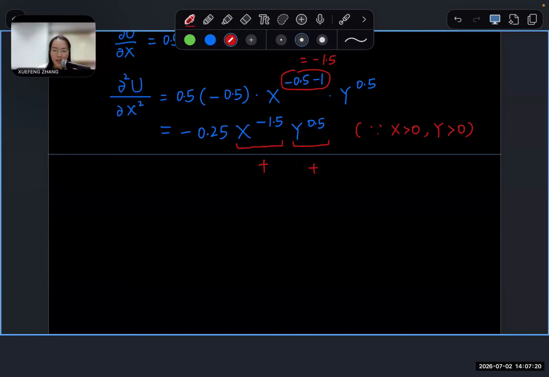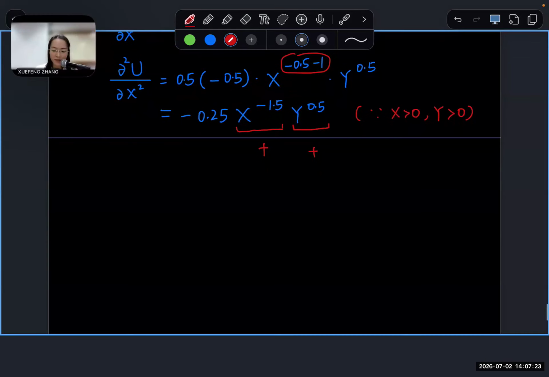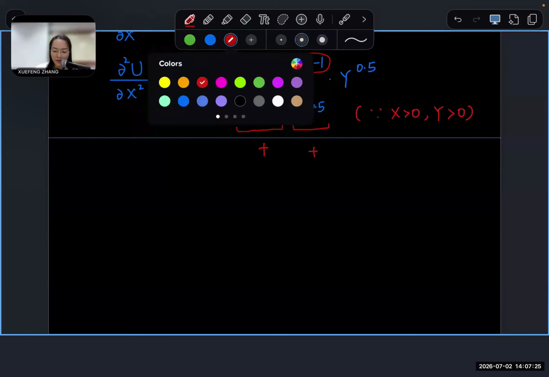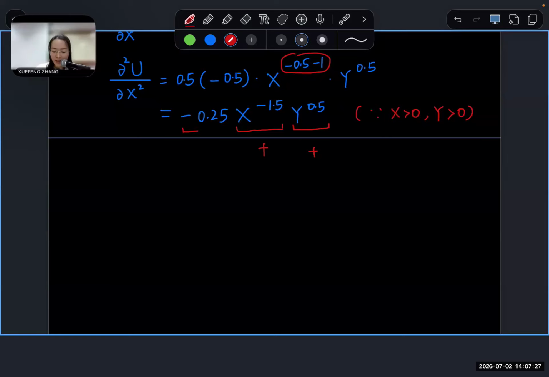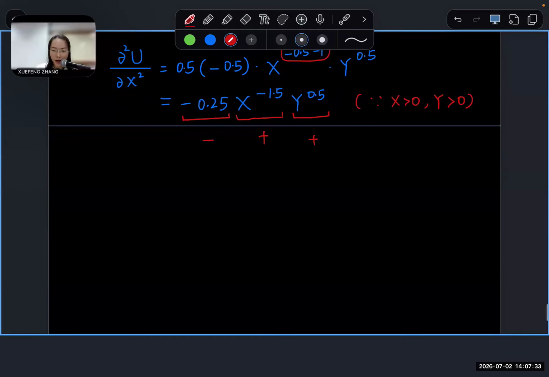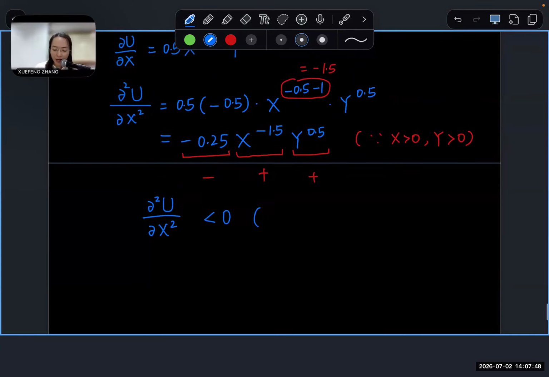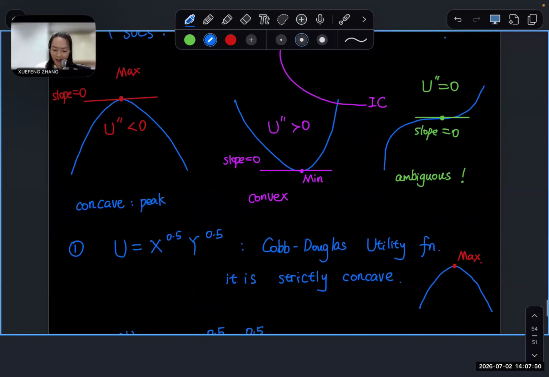Positive times positive is positive, but we have negative 0.25 at the front, so this is negative. Finally, our second order condition is negative, so this confirms that it's a maximum.